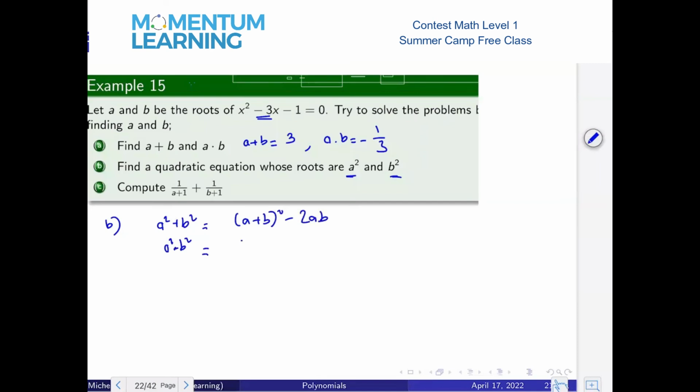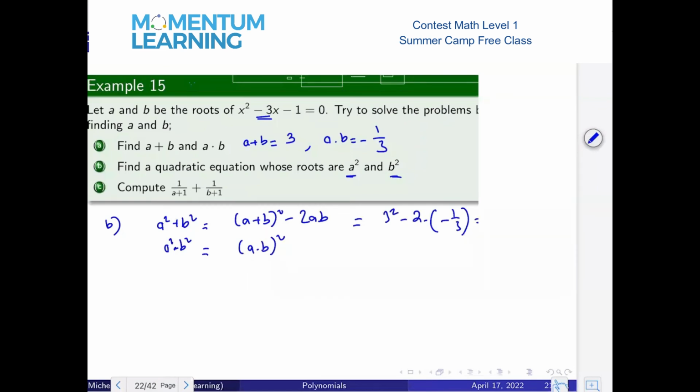Remember, I found a plus b in the beginning. So this is 3 squared minus 2 times negative 1/3. So we have 9 plus 2 over 3. So my new quadratic equation has a sum of the roots that is 29 over 3.